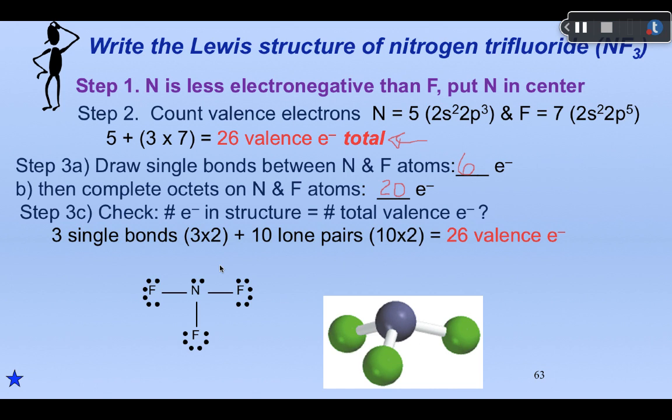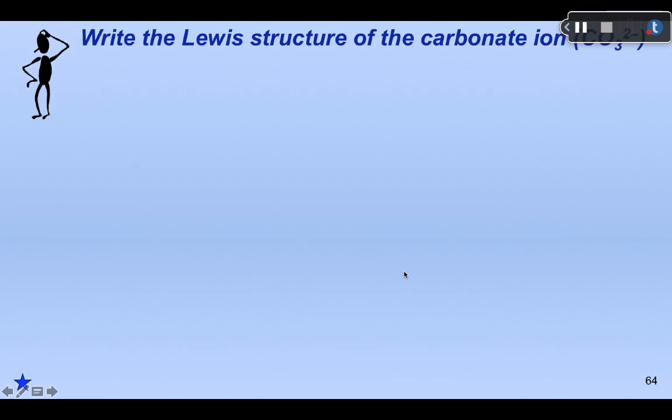It adds up to 26 valence electrons. All atoms should have octets when we've done this properly, assuming there's no hydrogens here and no expanded octets. In this case, we don't have any exception there. The octet should bear out so that we have what we expected on each atom.